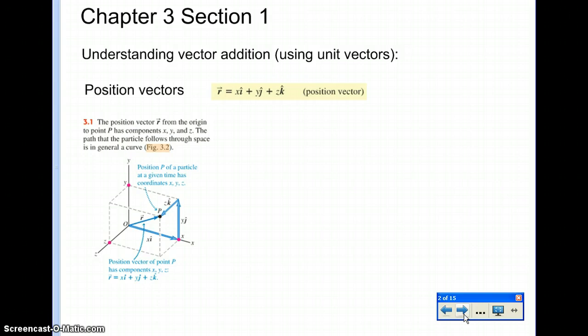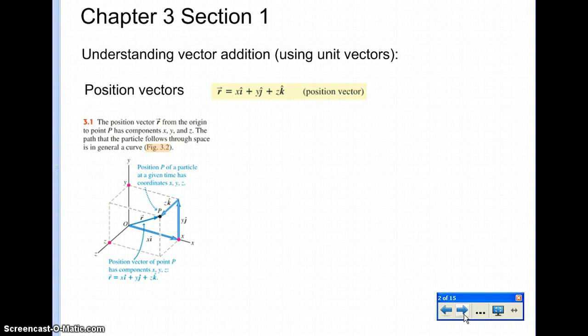Pretty much, these were the questions where you had something like, a camper hikes 5 kilometers at 30 degrees north of east on one day. And then the next day, after they make camp, they get up and go another 3 kilometers on day 2, but they go 60 degrees northwest.